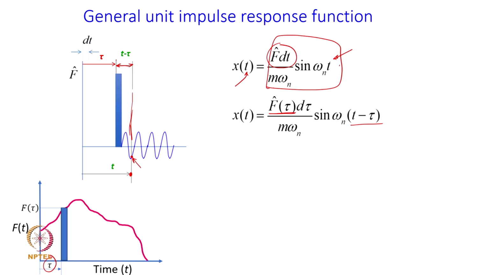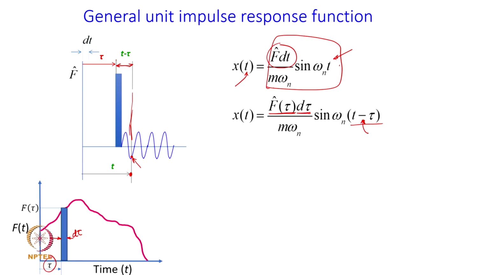F cap tau is the force value of the impulse happening at the time tau, and because this is going to be our integration variable, instead of dt we are going to use d tau. So, this width in time is going to be d tau. The rest of the expression remains the same, and of course, as we discussed, instead of time t it is going to be t minus tau.